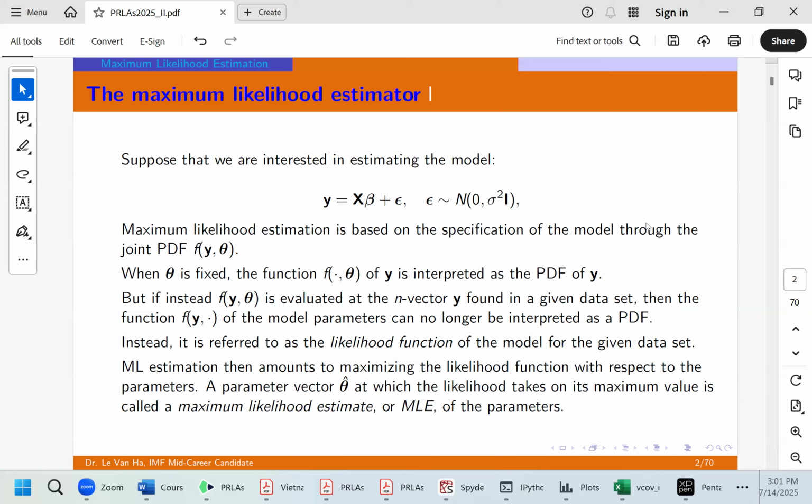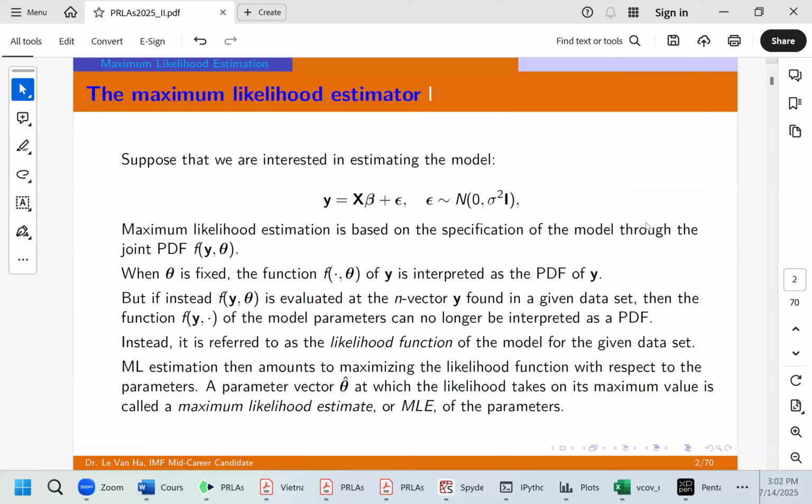So this is the idea of the likelihood. The probability density function is the function when you know the parameters and use the function to generate the data. The likelihood function is when you have the data and you want to choose the parameter so that the likelihood of repeating that data set again is highest.